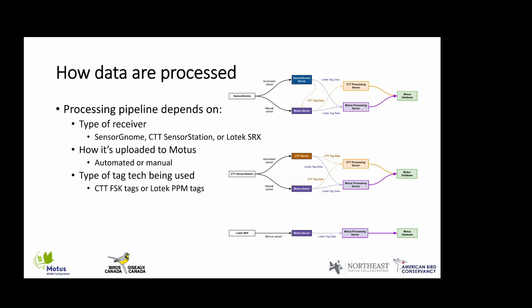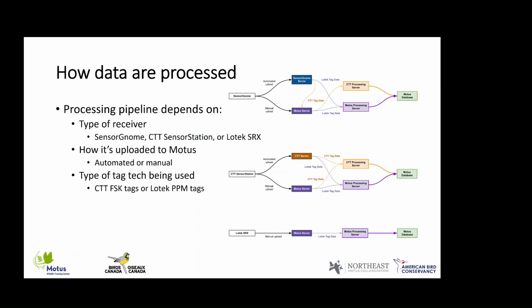For the low-tech data, it gets processed on Motus servers as well, just in a different place, and it's processed using an algorithm called Tag Finder. That's kind of complicated, but essentially it's using this algorithm to identify Motus tag IDs from all the tag signals mixed together, which I'll show a little bit on the next slide, but I'll try not to get into too much detail there.